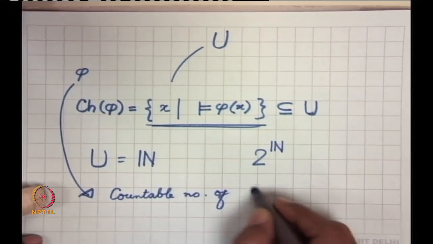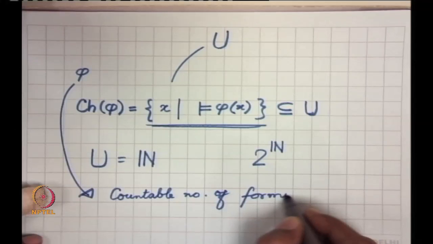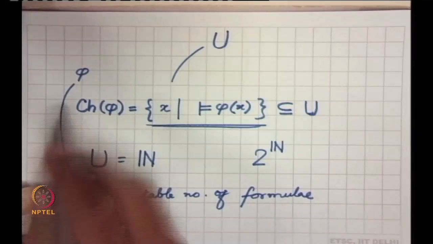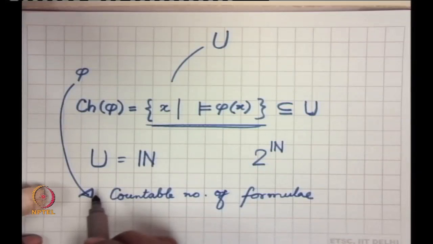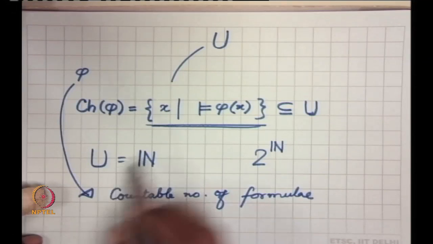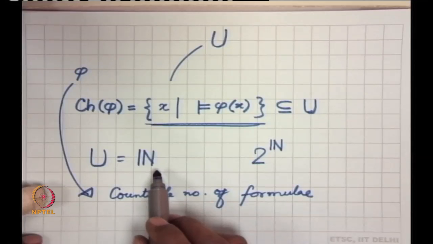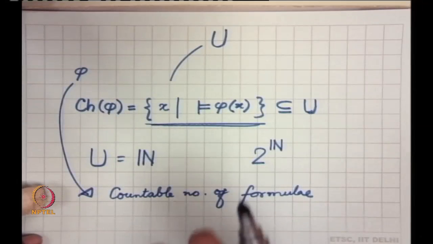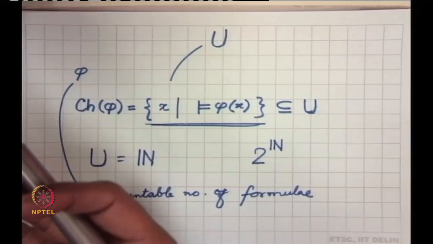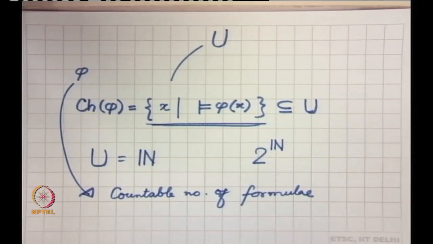So, therefore, while every unary property is characterized by a subset of the natural numbers, not every subset of natural numbers can be expressed as a unary property.